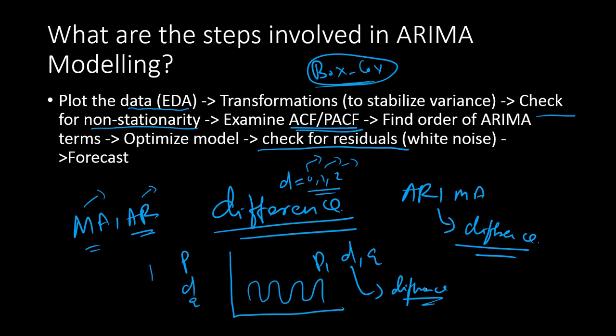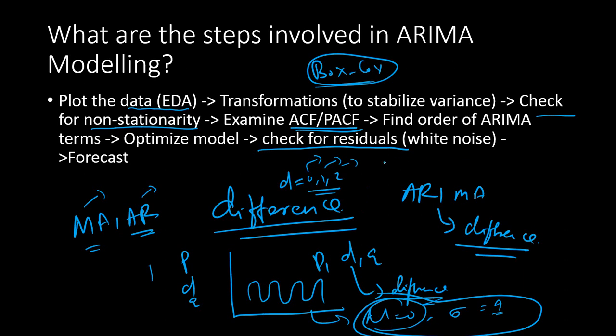That means the mean should be zero, and the standard deviation should be constant. It's a constant standard deviation and constant mean, and zero mean in particular, for it to be white noise, with zero autocorrelation.